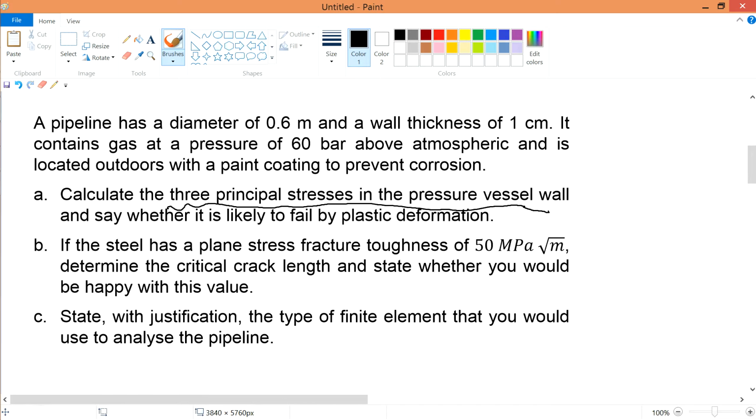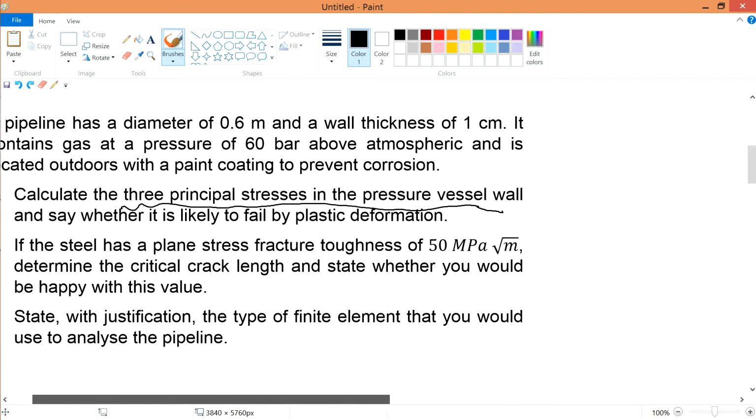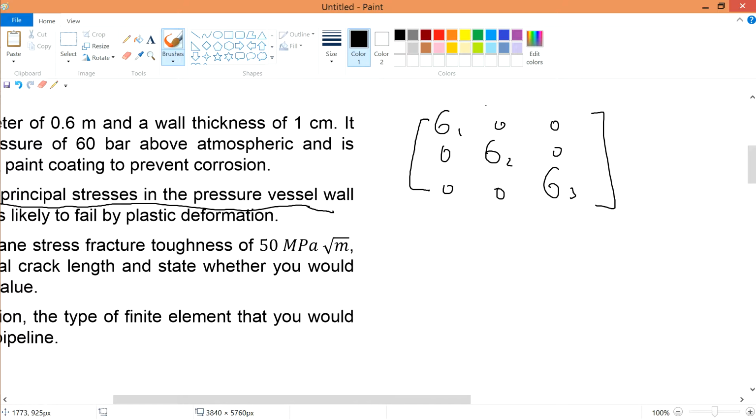You may wonder why principal stress suddenly comes in when we're talking about the vessel. It's because the stresses here are principal stresses.